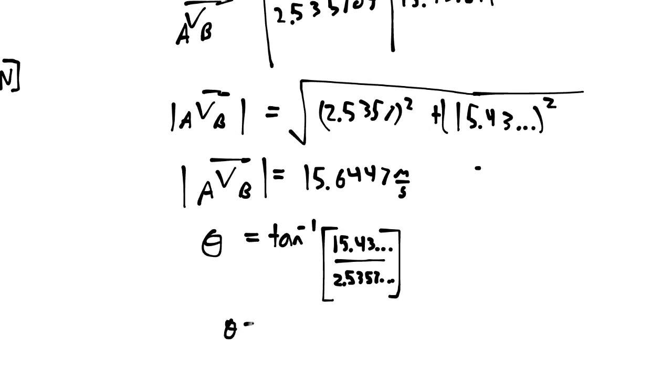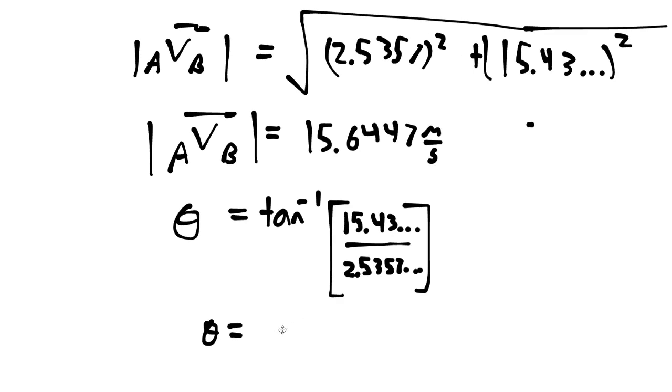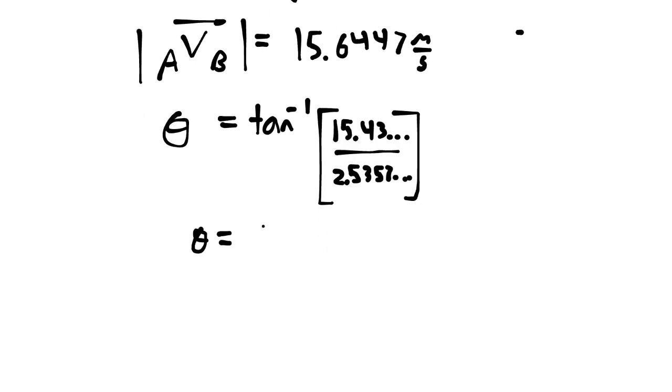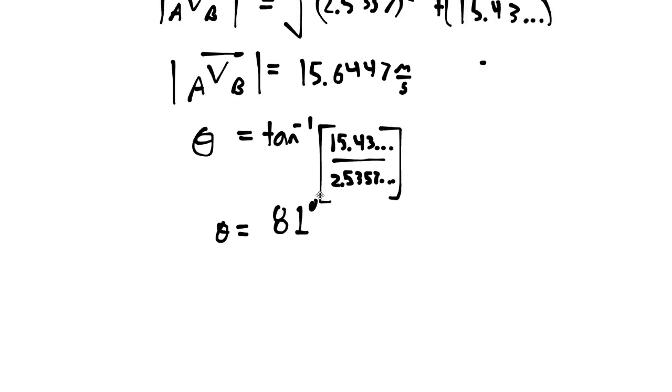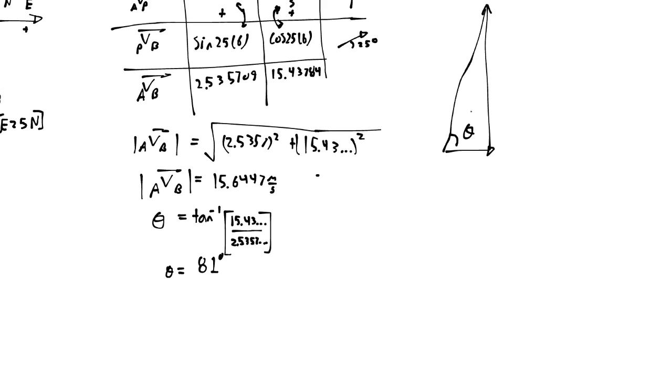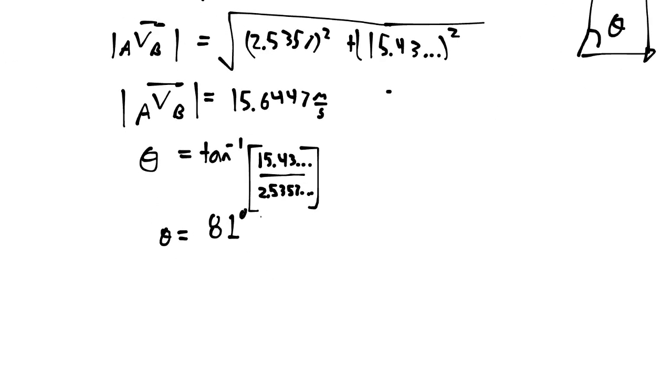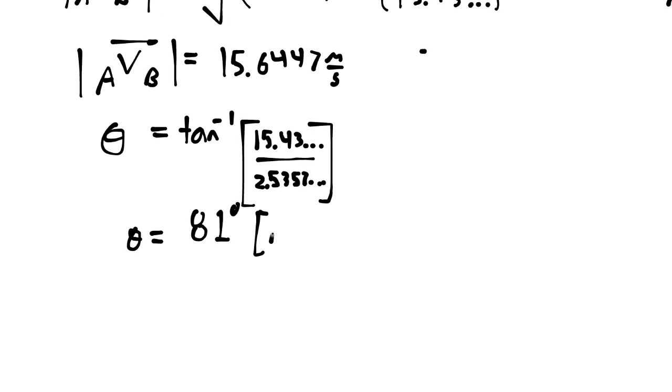Alright, and then this should equal 81 degrees. It rounds to 81. And then, so, looks like it is north. Actually, yeah, sorry, let me restart this.